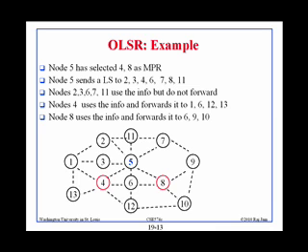Once we put 4 into MPR, which nodes get out of N2, which are covered already now? 1, 13, and 12 are covered. So now the only thing left is 9 and 10. So our N2 has only 2 members, 9 and 10. MPR has 1 member, 4, and N1 has 7 members as before.